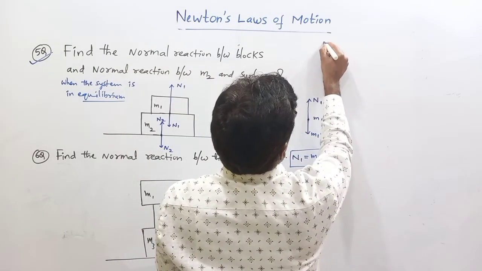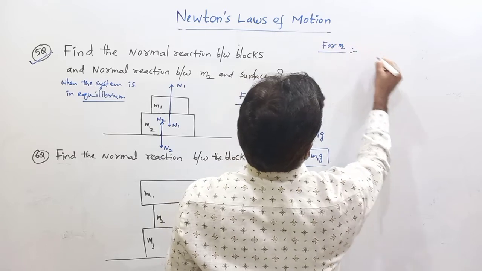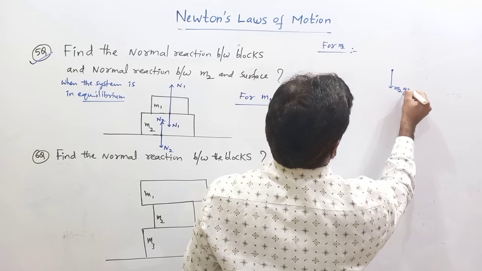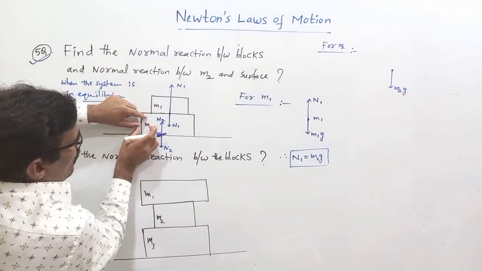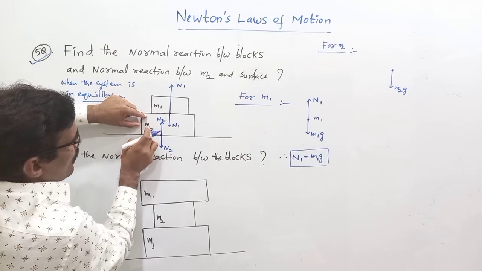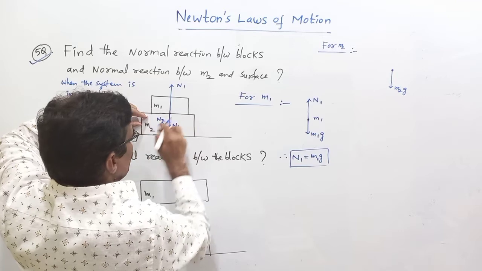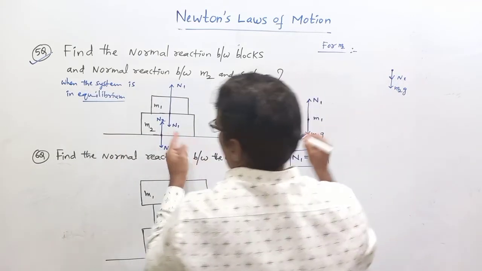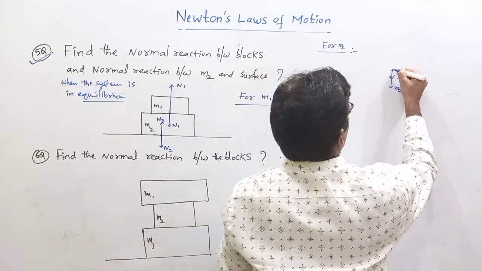Listen carefully. For M2, here M2G is vertically downward. So here, this is M2. What forces are acting on M2? M2G downward. N1 on M2 is down. This is N1. So here on M2, N2 is upward.